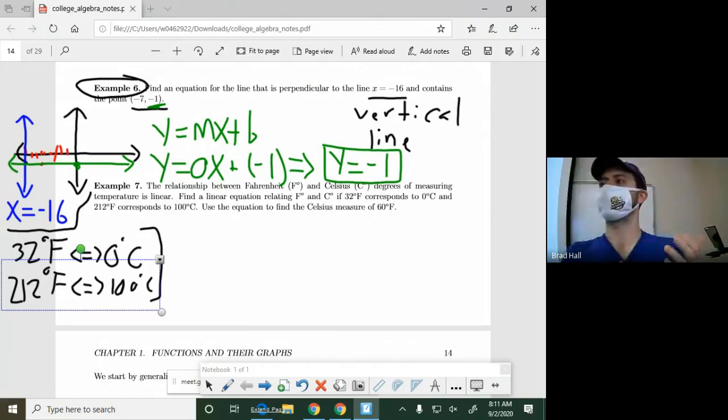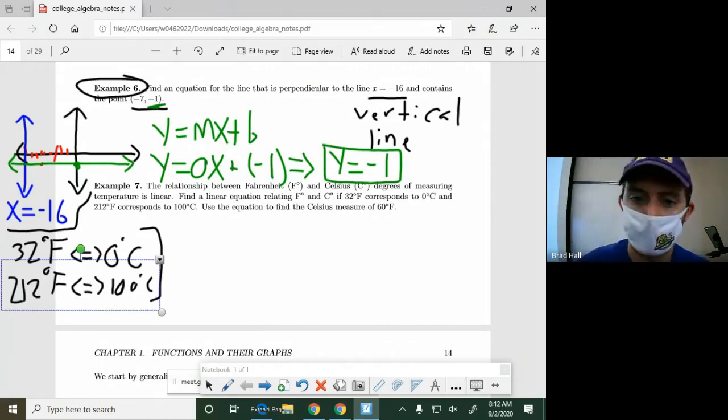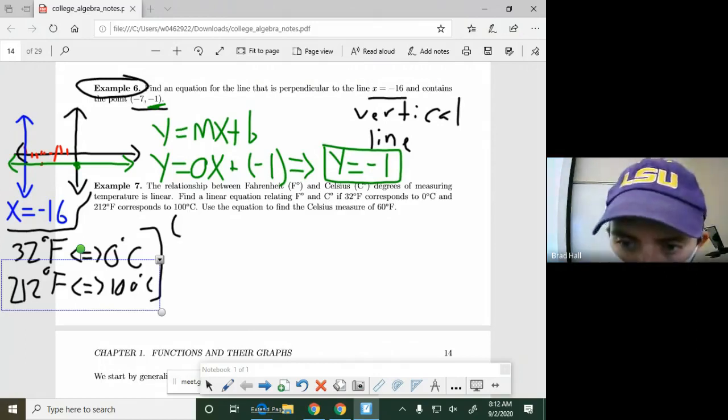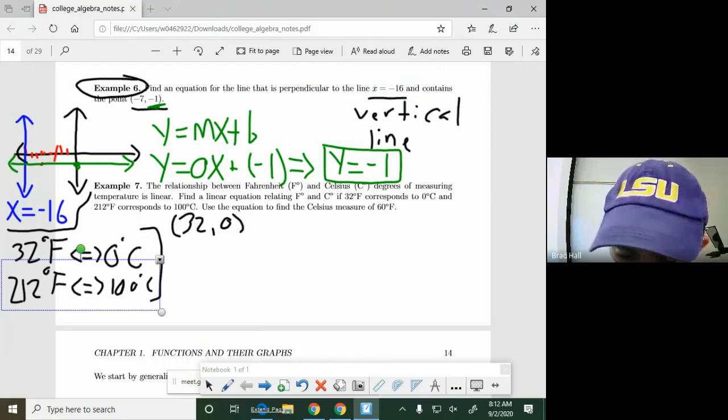Because the idea of comparing things as a linear function implies that one of these values is an input and one of these values is an output, an x and a y. So in essence, what they do is they give us two ordered pairs.